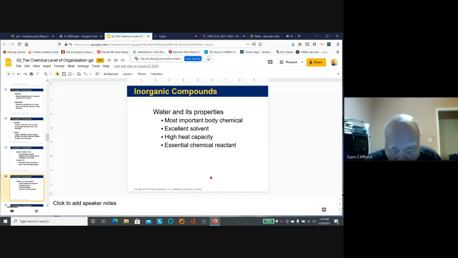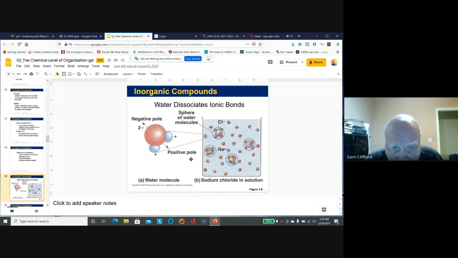These properties of water are very important and due primarily to the formation of hydrogen bonds. So this is a slightly negative pole. It's not -2, that's incorrect. But when water dissolves salt, notice that the chloride is negative, so the positive part of the water molecules surround the chloride and dissolve it.